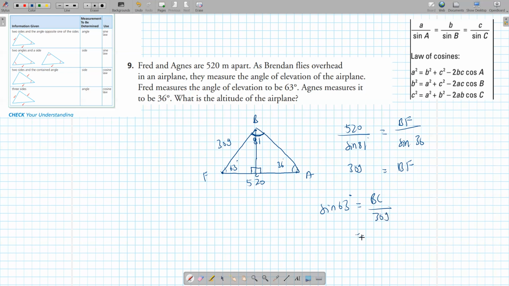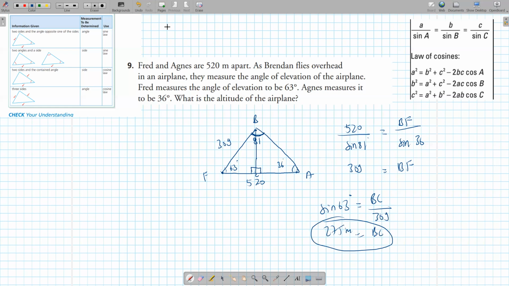So how do we solve this equation for BC? You multiply by the denominator. Correct. So 309 times sine 63 is the answer, 275 meters, okay? That's not very high for a plane, but there we go.